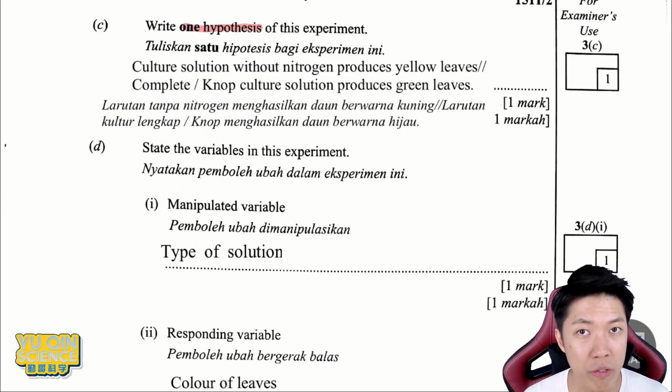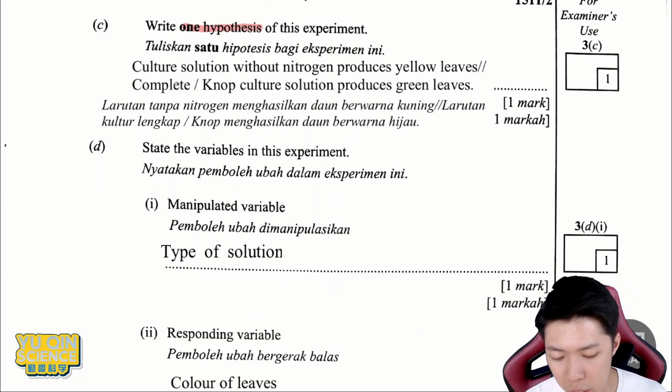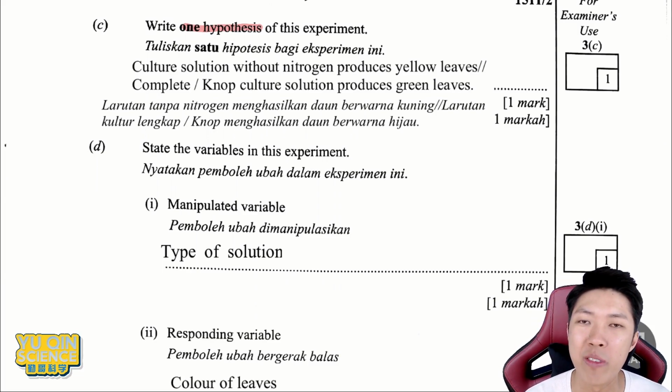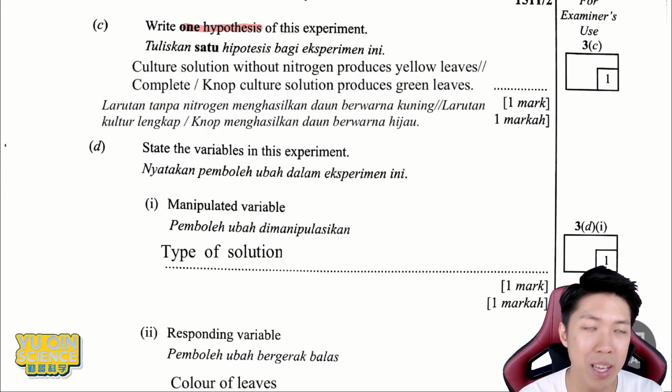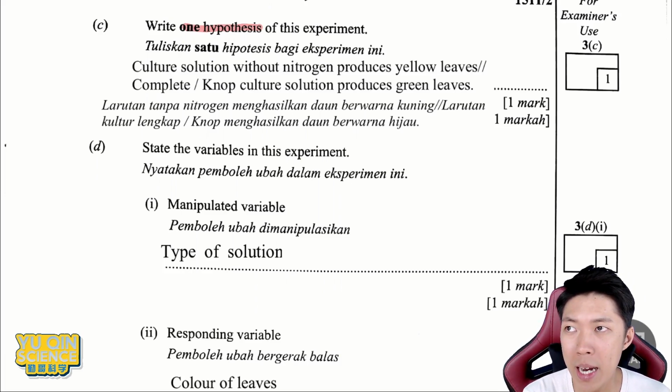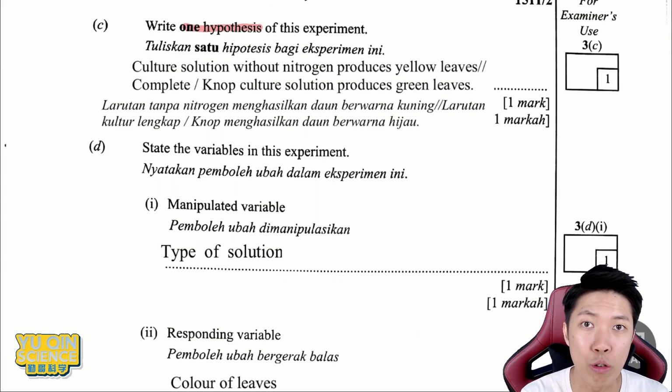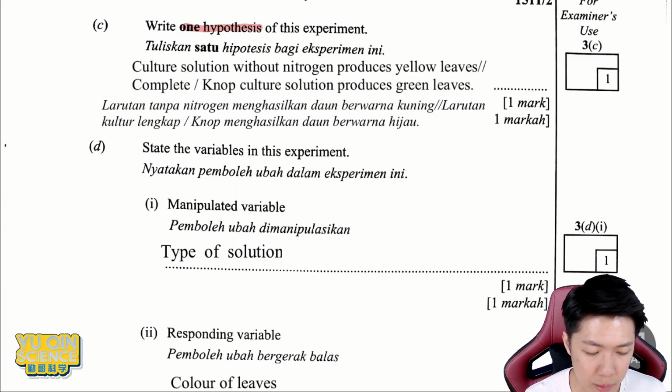Or if you want to do if-then, you can do: if the culture solution lacks nitrogen, then the plant will have yellowish leaf. It's like if-then. Okay? Or if the plant has complete culture solution, then the plants will have green leaves, or the plants will grow healthily. Up to you. Okay?